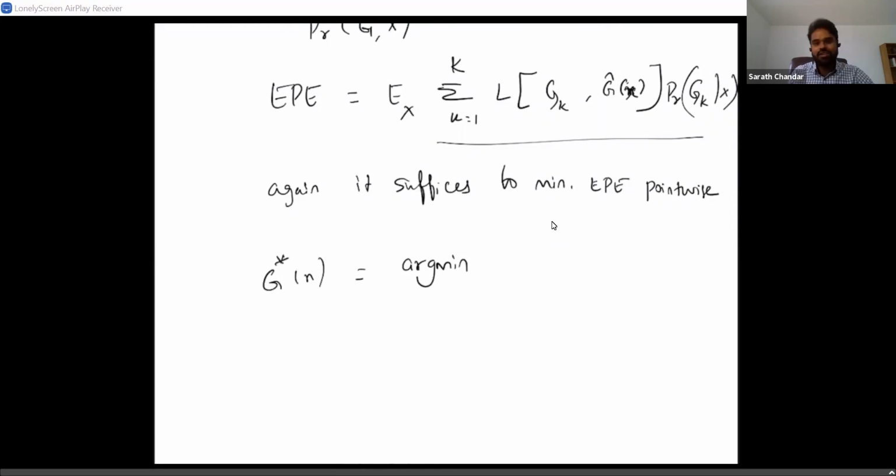Let's just call this g star since we are looking for the optimal function. So g star of x is given by argmin over g belonging to G, summation over k equals 1 to K, of the loss times the probability of G_k given X equals x.